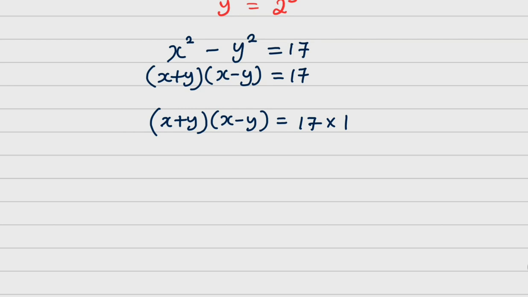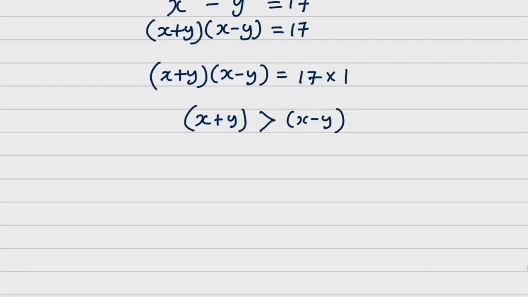Still the same thing. Now, of course, we know that x plus y must actually be far greater than x minus y. Now, if we agree to that, then we can now say x plus y should be equals to 17. Then x minus y should be equals to 1.